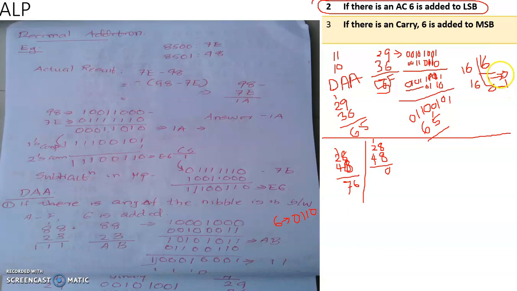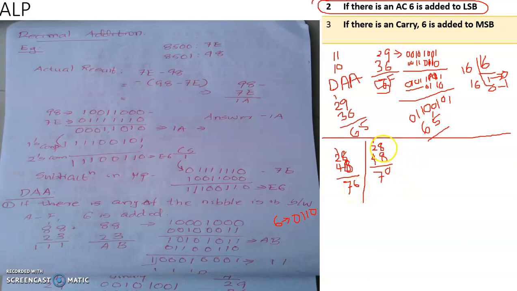So the result is 1 0. The 0 is written here as the first digit, and 1 is taken as a carry. 4 plus 2 plus 1, that is 7. You obtain the result as 70. None of the digits in this result is purely hexadecimal. But this is not the exact result. This is in hexadecimal. We are required to convert it into decimal.